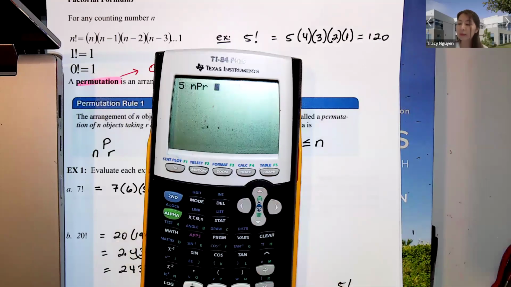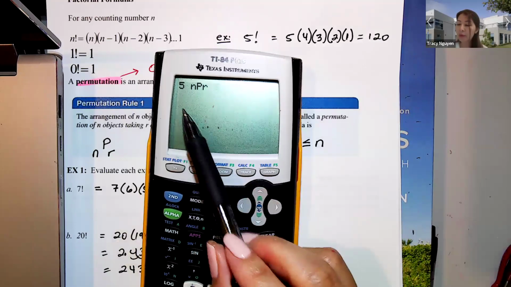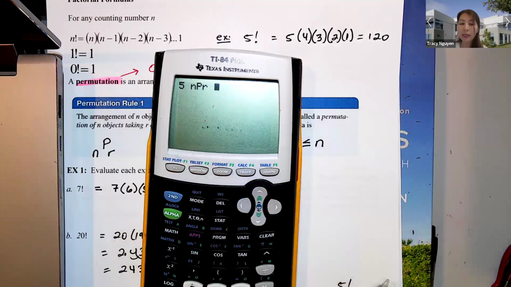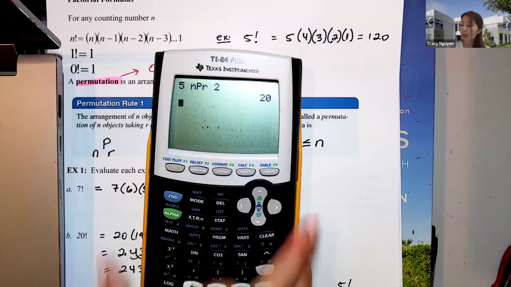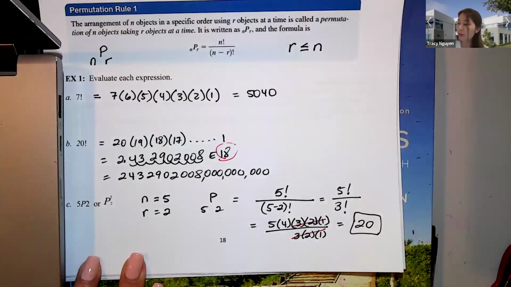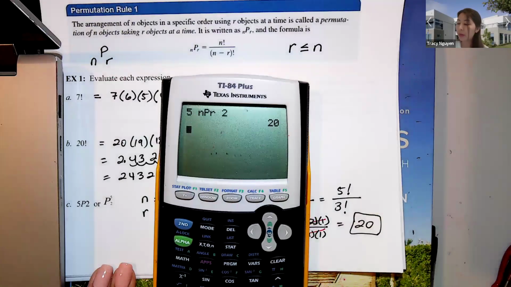Press enter. It tells us we're doing a permutation of 5 choose, and then you key in your r value, which is 2 in this problem, and press enter. Then we see that we have the same result of 20, just like what we worked out with our definition.